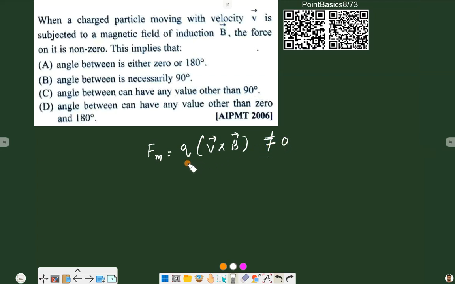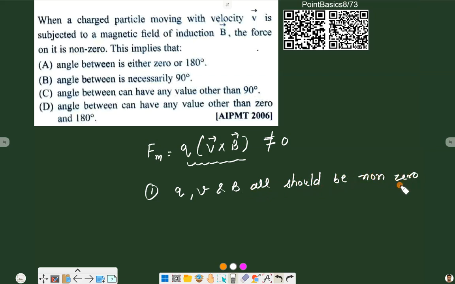it means this expression is giving us some value, and for this expression to give some value, the conditions will be: first condition, Q, V and B all should be non-zero.